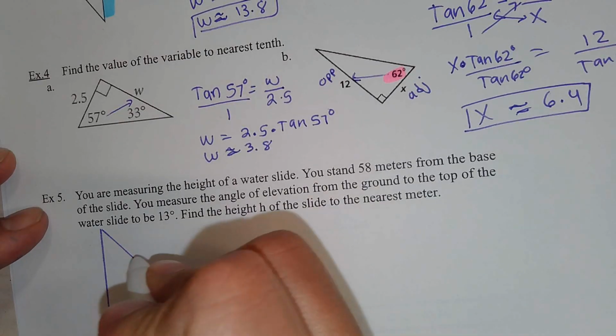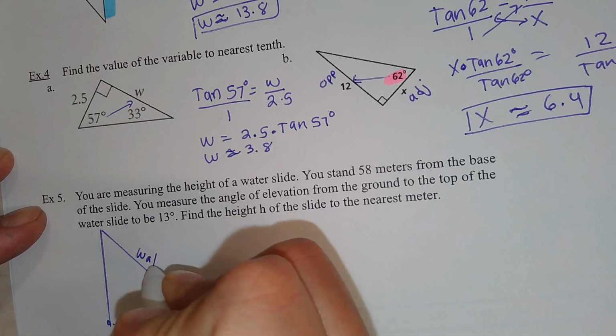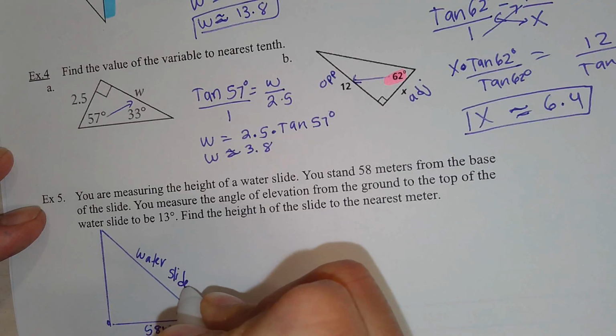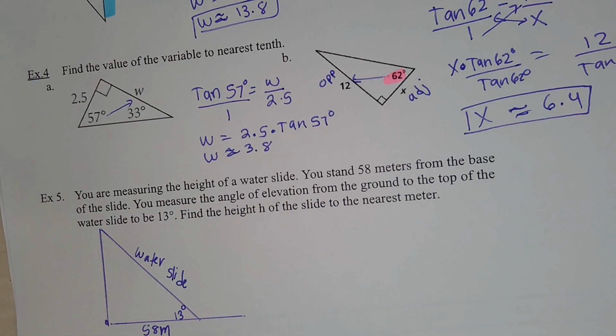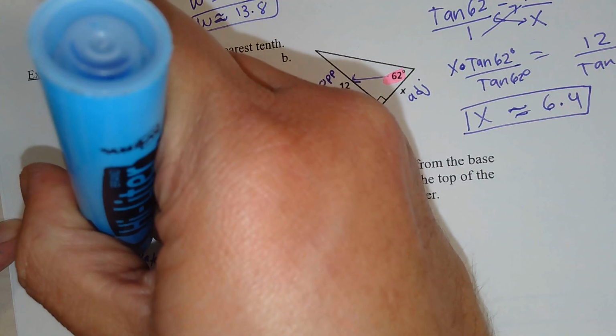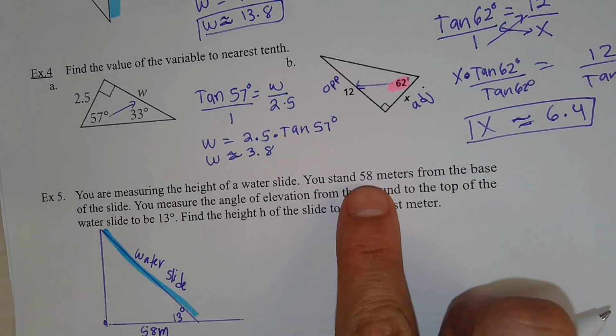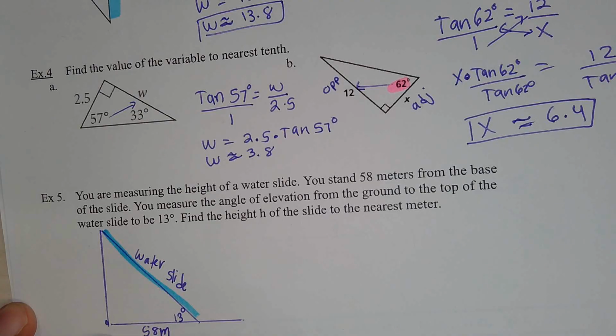So you are measuring the height of a water slide. Here's my water slide. It looks like a very steep water slide. You stand 58 meters from the base. You measure an angle of elevation.